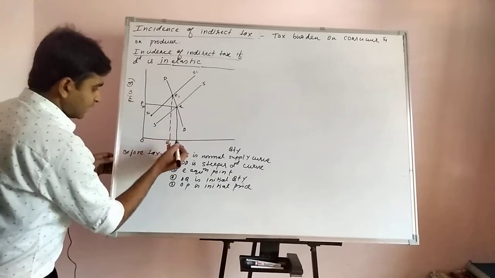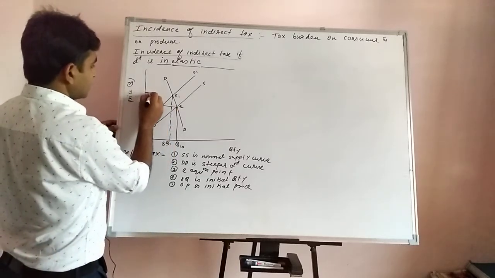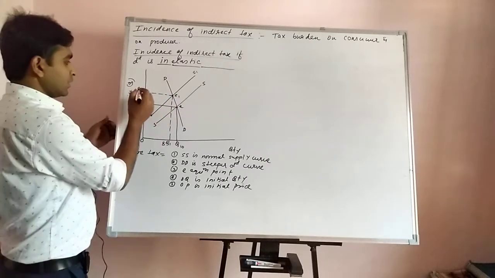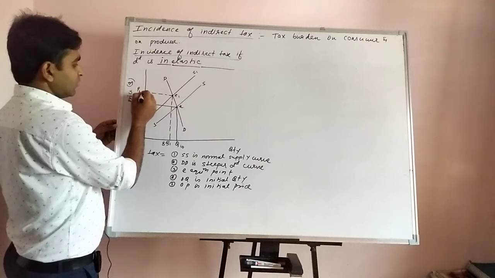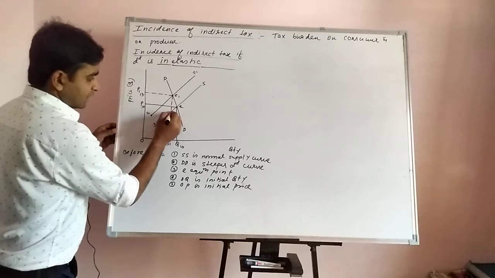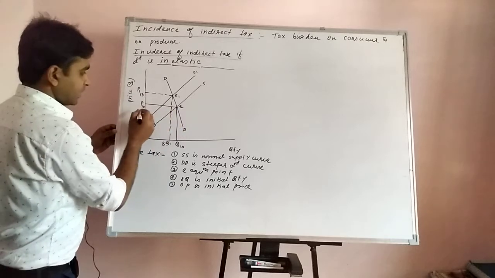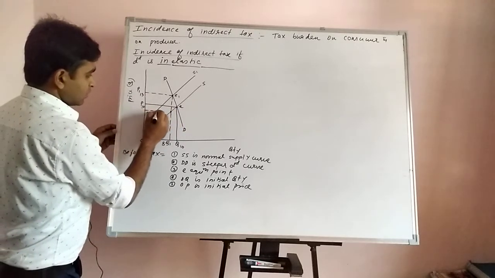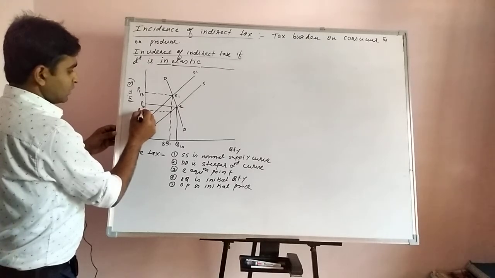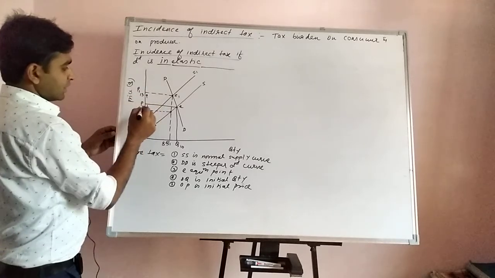We'll give some value here, say example 8, and we got a new price here, say P1. We give a value, say 13. And we got another price at this particular point where it's intersecting the initial supply curve. We'll give here P2 and we'll give the value 11. Here price has increased, here price has decreased.